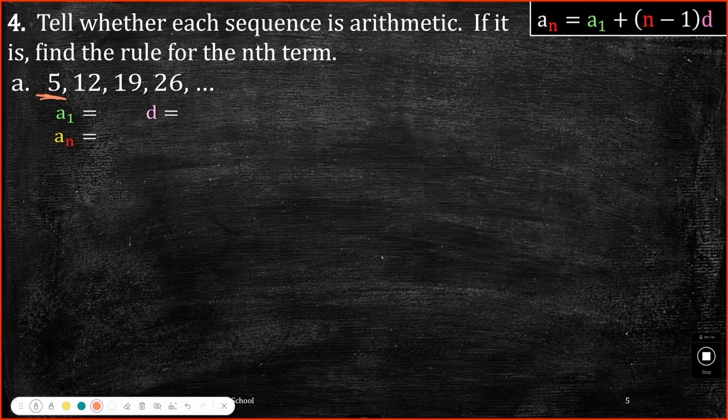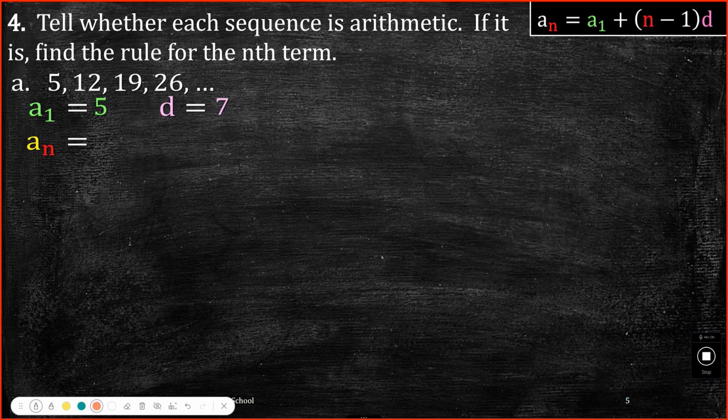So it's a yes, where A1 is 5. And the common difference is 7, because 5 plus 7 is 12, 12 plus 7 is 19, 19 plus 7 is 26, 26 plus 7 is 33, and on. So the common difference is 7.